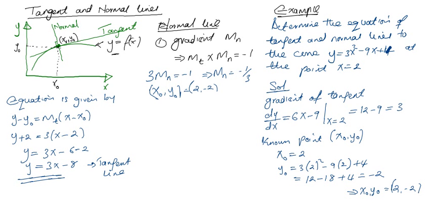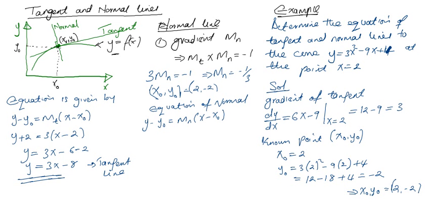So now the equation of the normal: y minus y naught equals m normal times x minus x naught.